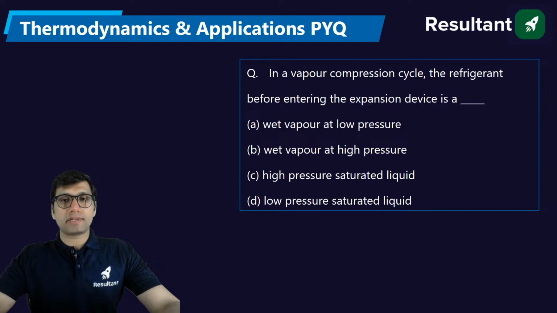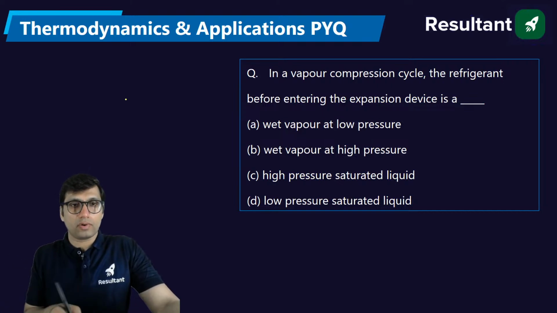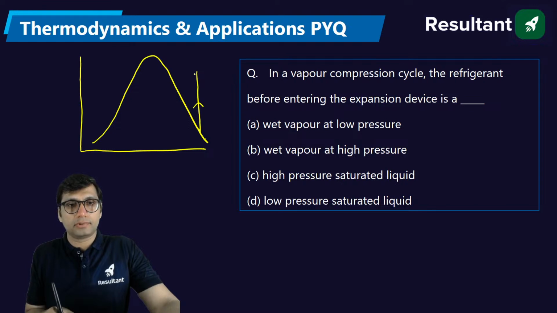In a vapor compression cycle, before entering the expansion device, the refrigerant enters the expansion device at what condition? After the refrigerant has passed through the condenser, then it enters the expansion device. So let us draw again the temperature entropy diagram.